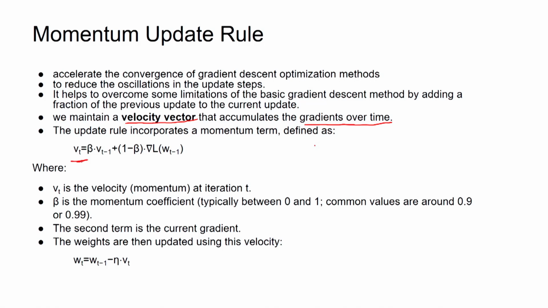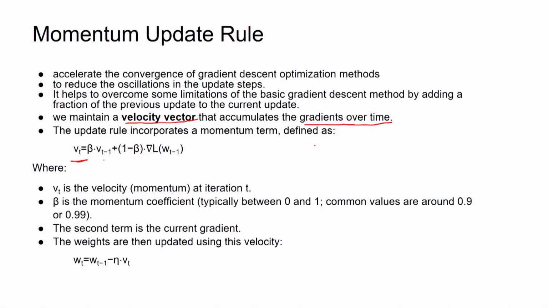So, Vt is the velocity or momentum at the tth iteration, and how are we calculating this momentum or velocity? This formula is beta multiplied by Vt minus 1.